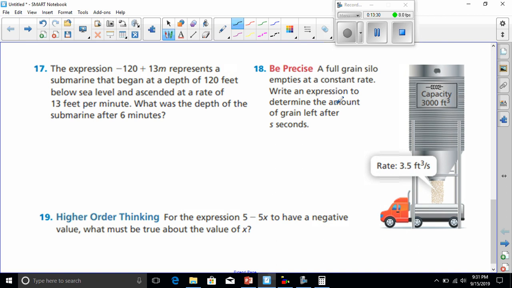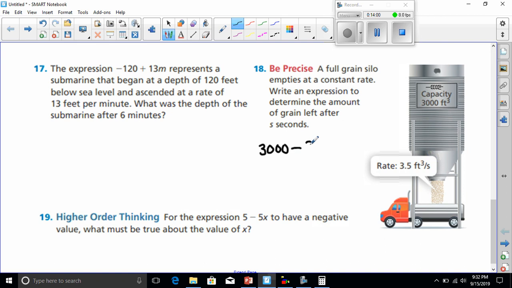And if we're going to say how much grain is left, we're going to have to start with 3,000, because we're losing grain after seconds. So we're minusing grain. And this grain is going out at 3.5 cubic feet per second.